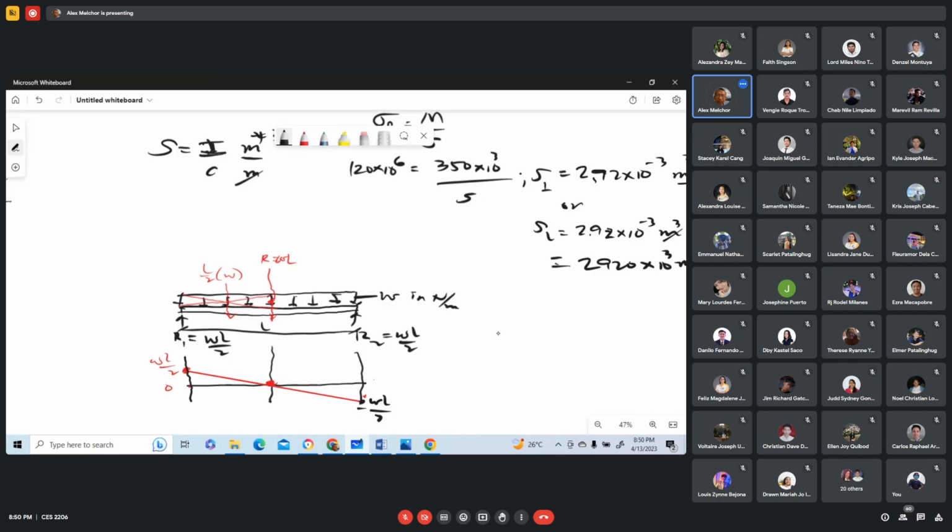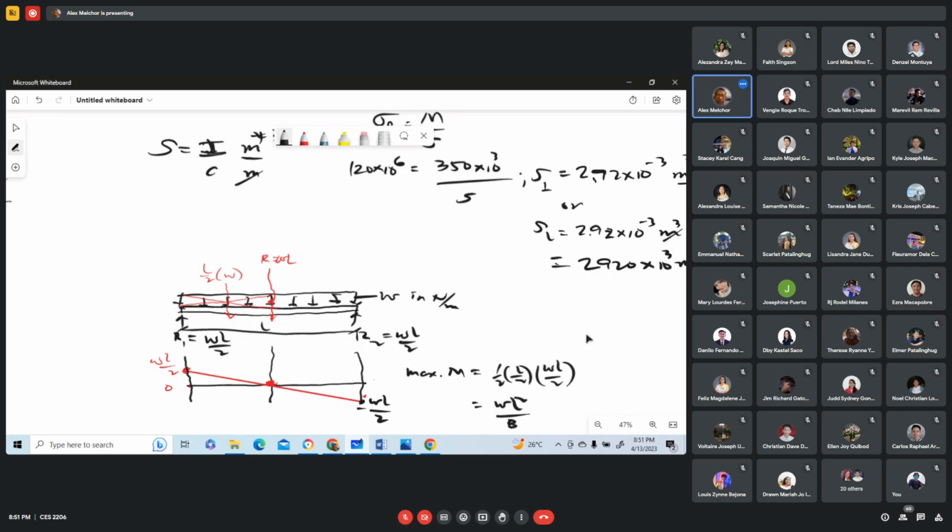This is negative. So the maximum moment here, due to this dead load, is one-half times L over 2 times WL over 2. Okay, so this is WL squared over 8.